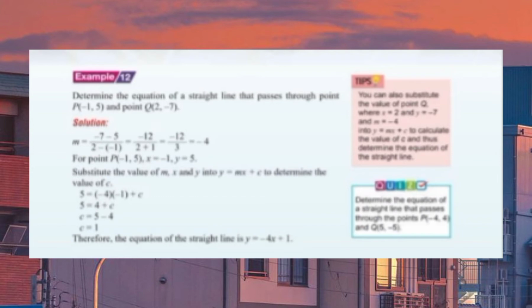So, substitute the value of m, x and y into y = mx + c to determine the value of c. So, y = 5, gradient is -4, x is -1, then plus c. So 5 = 4 + c. c = 5 - 4, then c = 1. Therefore, the equation of the straight line is y = -4x + 1.